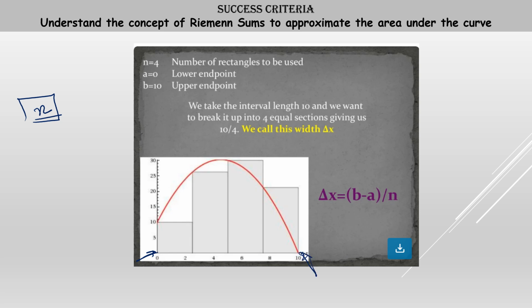To calculate the width, we subtract the starting point from the last point and divide by the number of subintervals. This is when the curve is divided into equal subintervals. In this way, we find delta x. Delta x is the width.